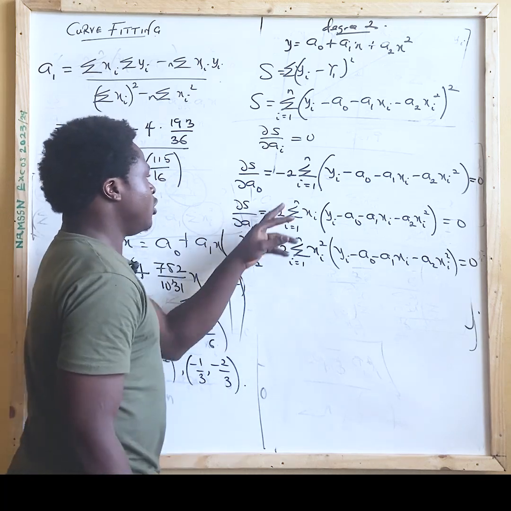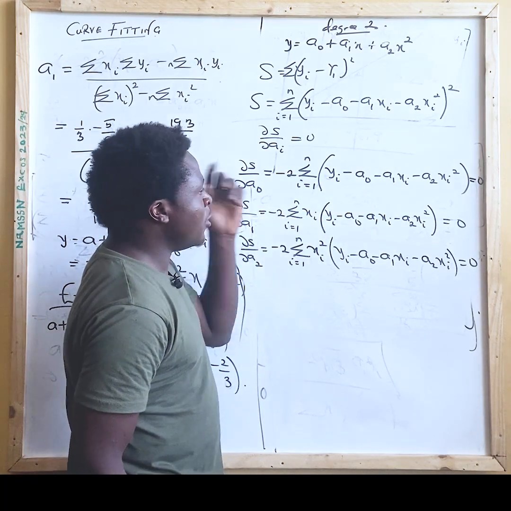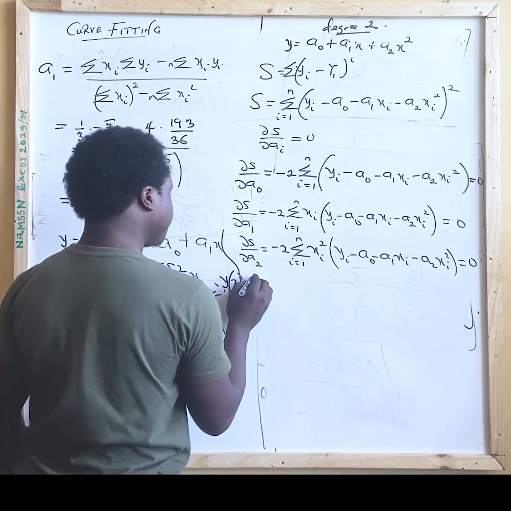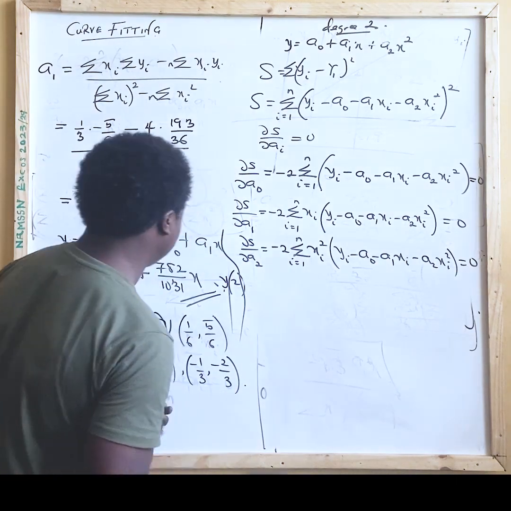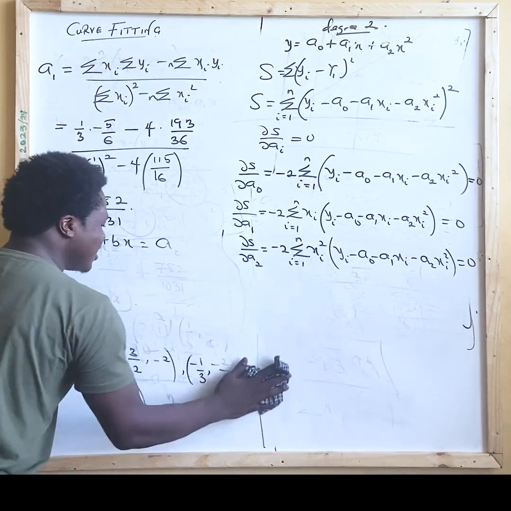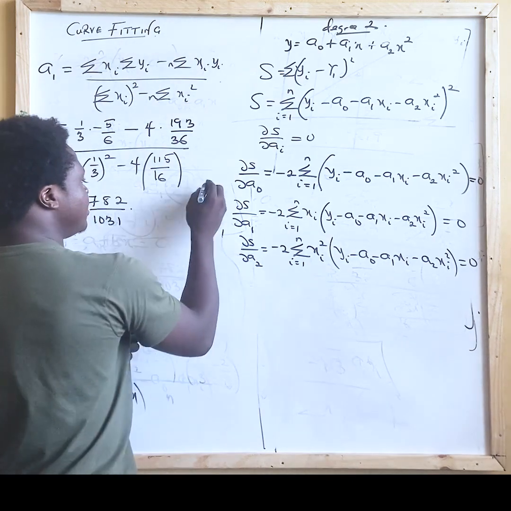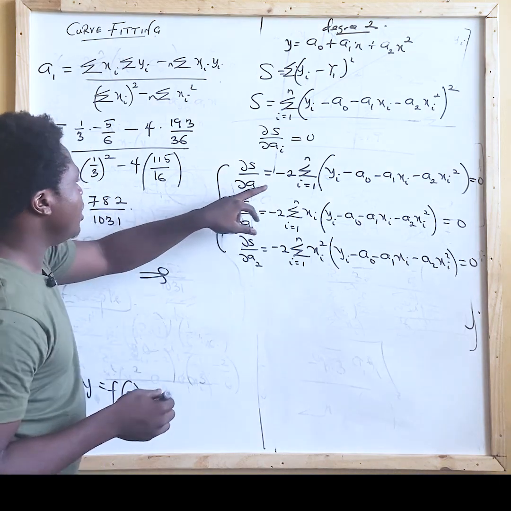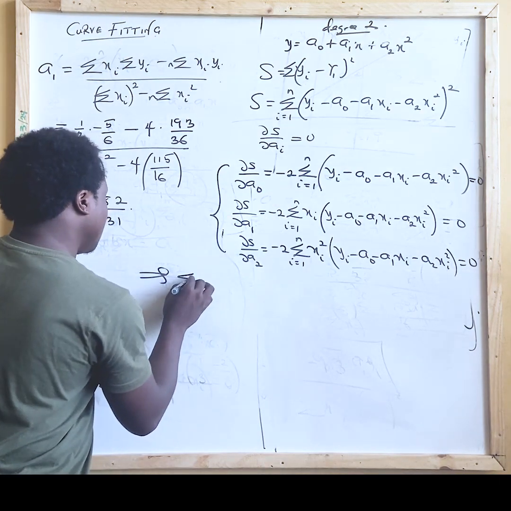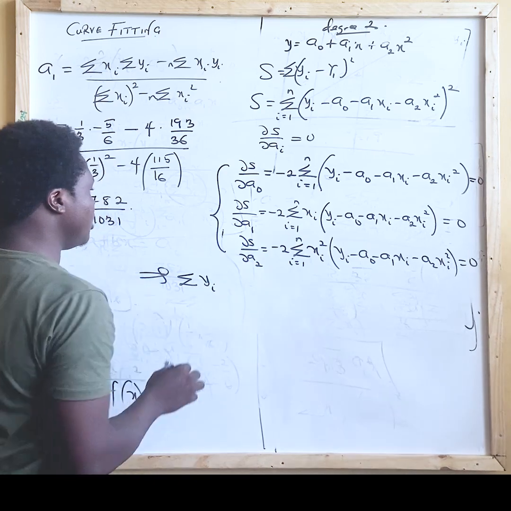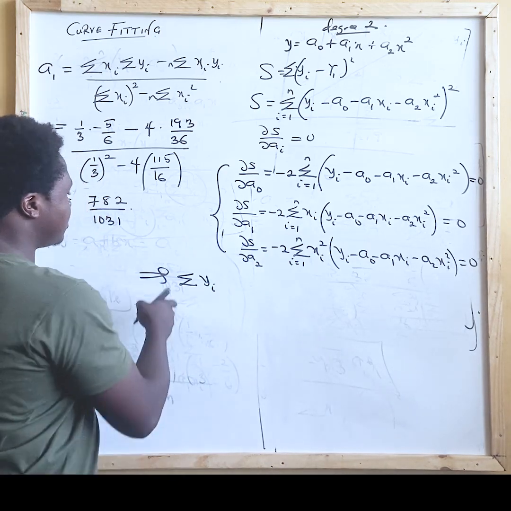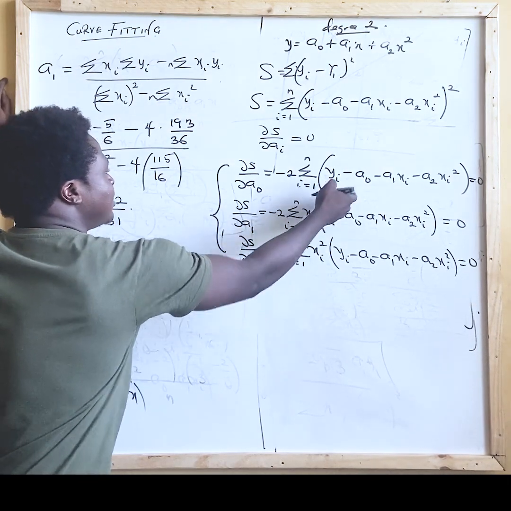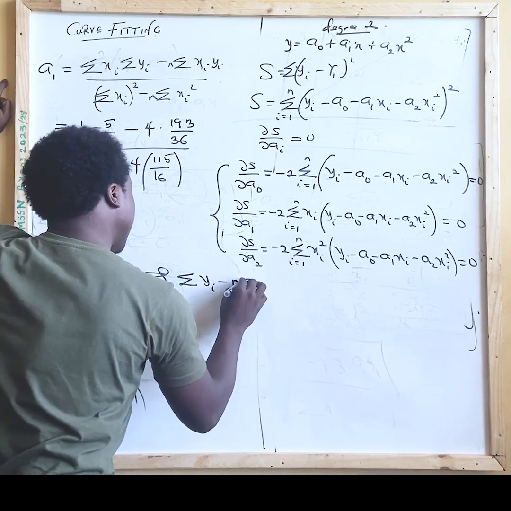Of course, don't forget your summation of a naught will always be n a naught at this point here. So all these three imply that, for the first one, I'll be having summation yi minus n a naught.